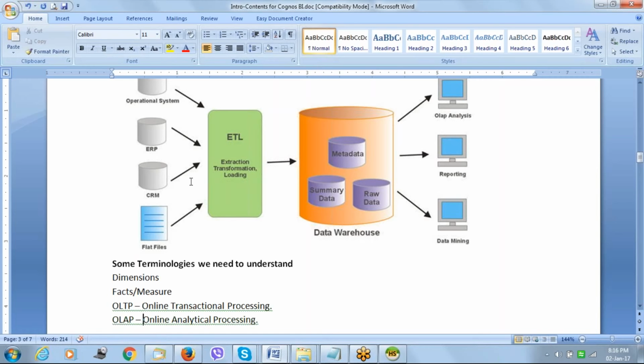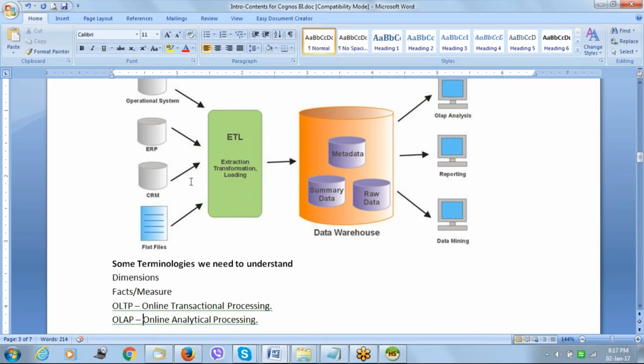OLAP, online analytical processing. This is the database used to process details: how much sales happened in this month, and what is the reason for the sales. In December, there was a huge sale of cakes due to Christmas and New Year. That is a known fact.